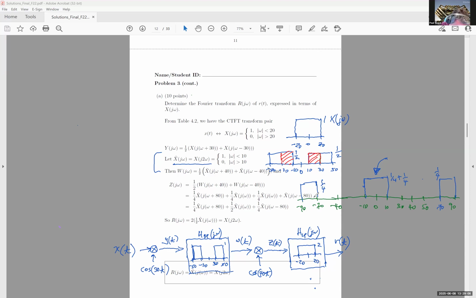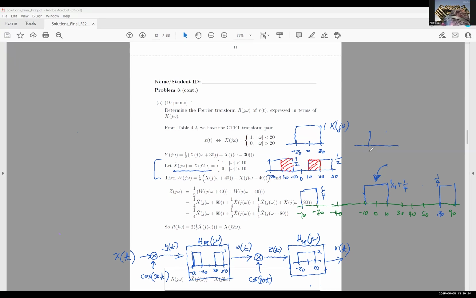So the question is, how do you represent something that looks like this in terms of x of j omega?